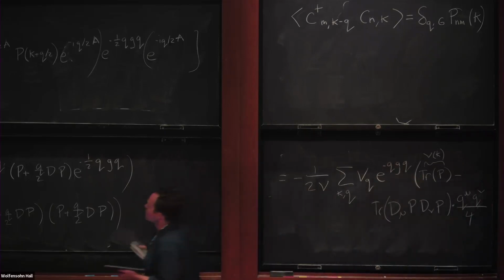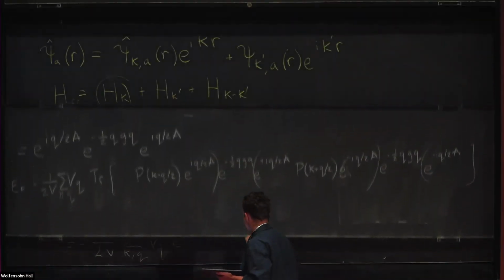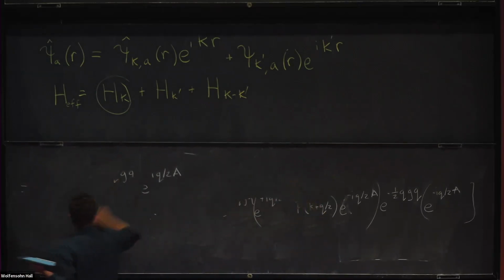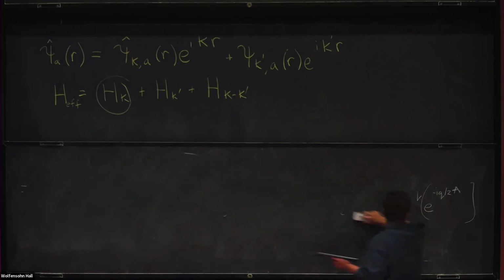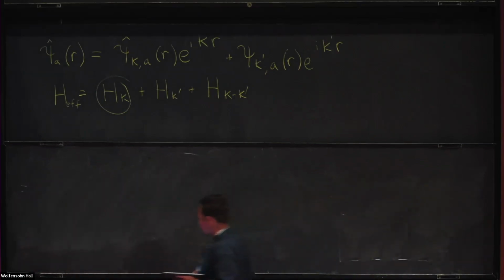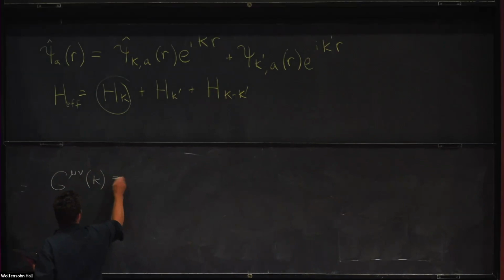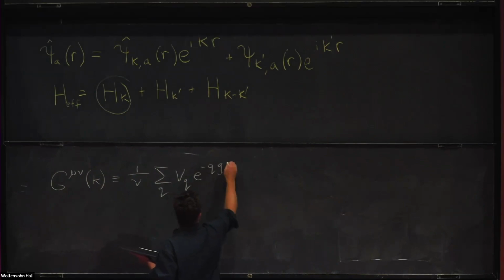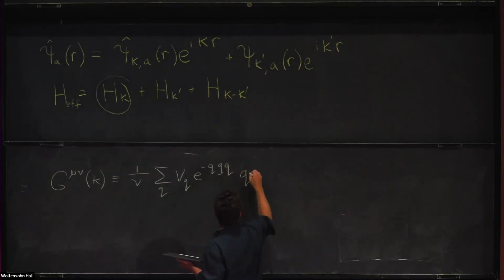So let me define this metric with upper indices. G upper index mu nu of k, I will just define to be 1 over v integral of q vq e to the negative q g q q mu q nu over 4.